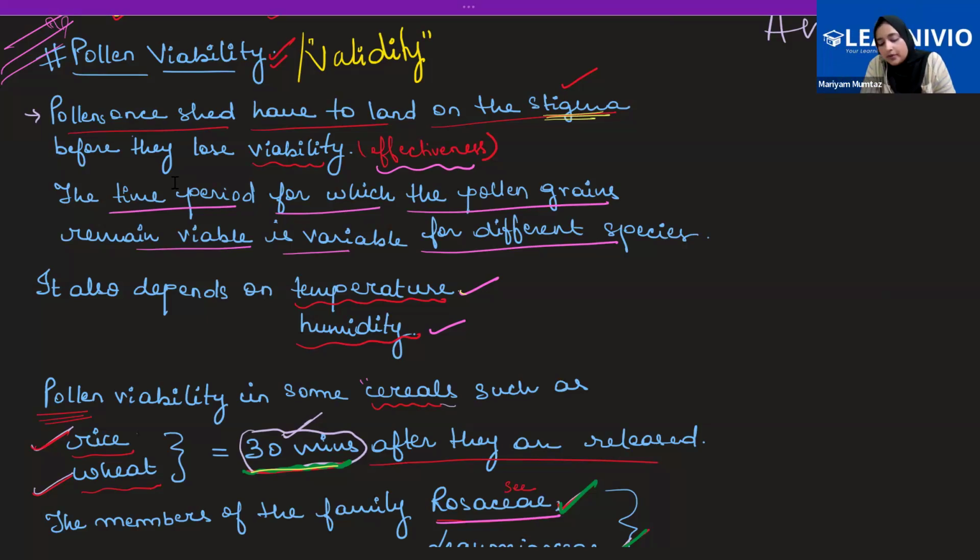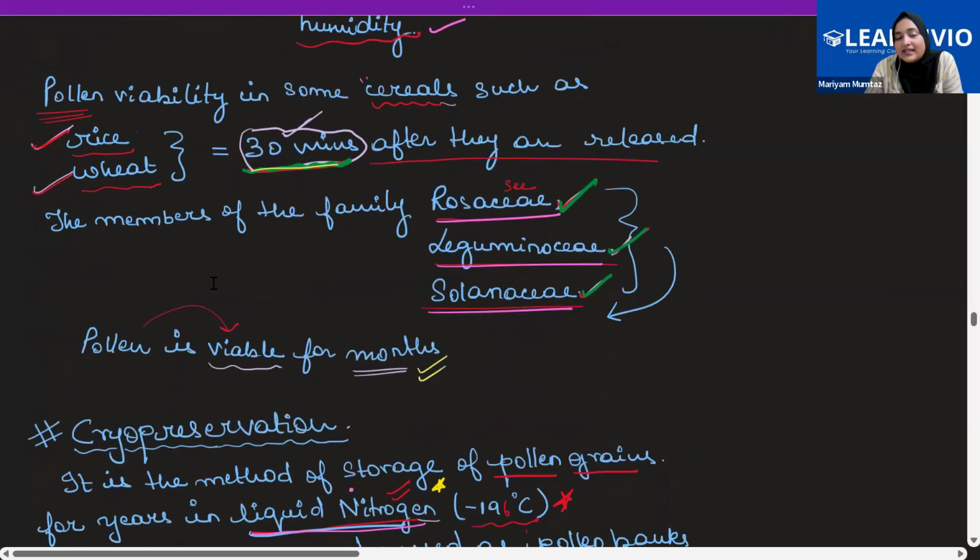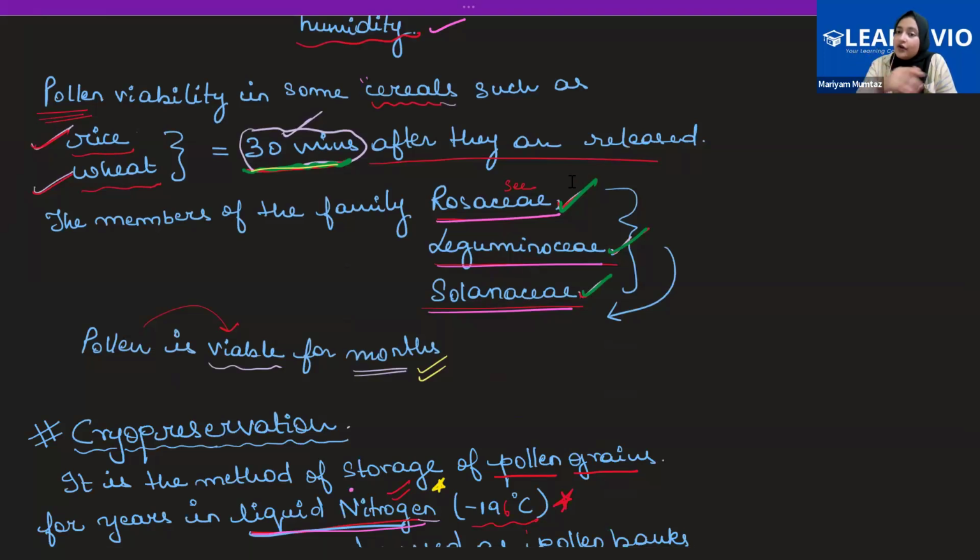In some cereal plants, such as rice and wheat, the pollen viability is 30 minutes after they are shed. Meaning within 30 minutes, they have to land on the stigma or else they'll be useless. Whereas for pollen grains from members of families like Rosaceae, Leguminosae, Solanaceae, once they are shed, they are viable for several months.